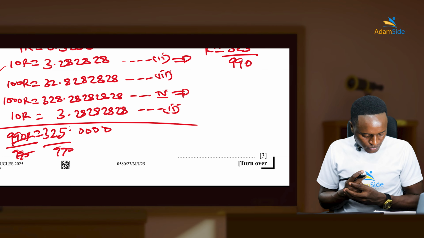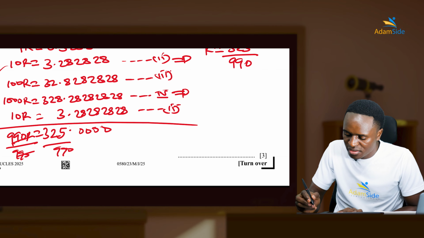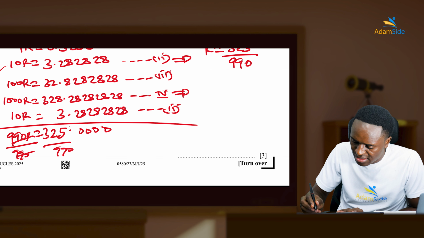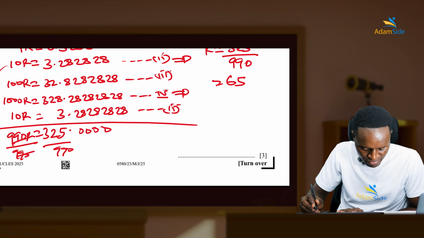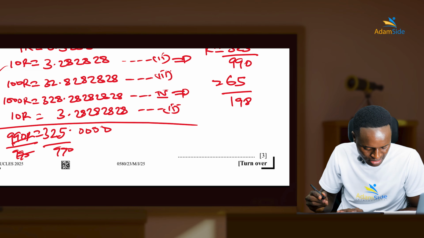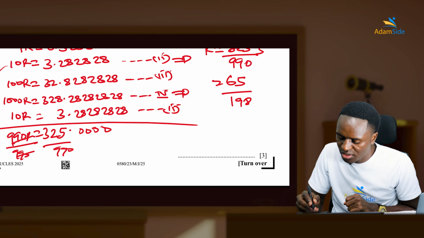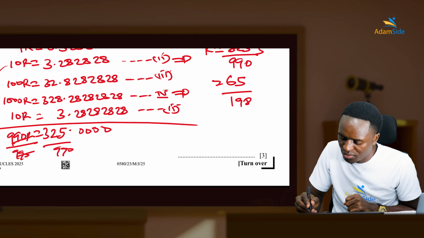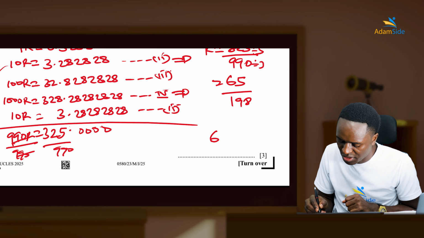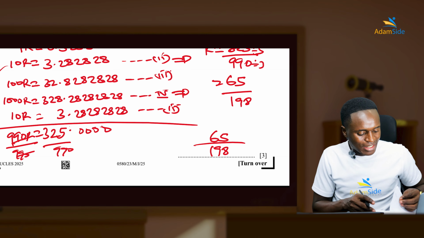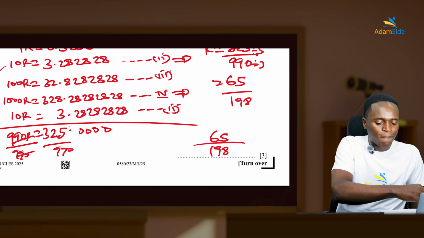If you simplify further, 325 divided by 5 gives 65 over 198. So after getting 325 over 990, we divide and you get 65 over 198, and that becomes our fraction. Our answer, 65 over 198.